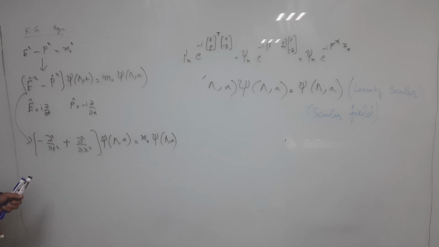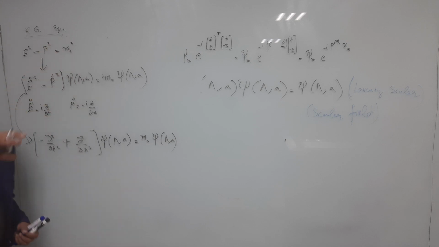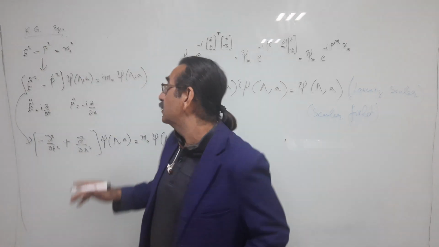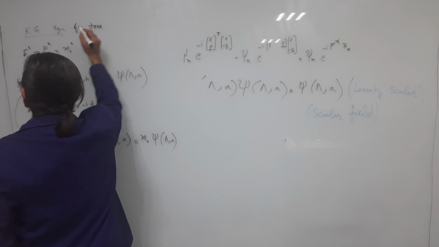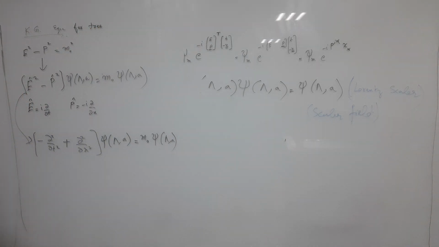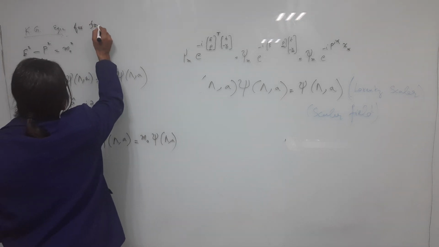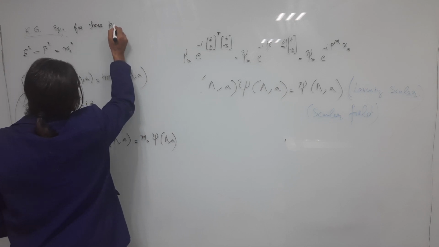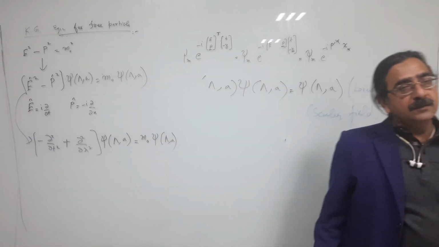Now the question is, this may also be written in another form. This is for a free particle, because I am not involving any potential term or any type of interaction in this KG equation. Okay, this is a free particle.